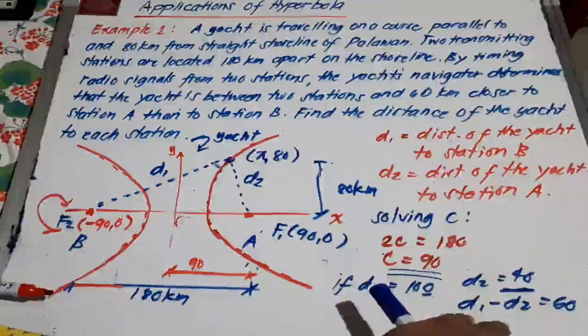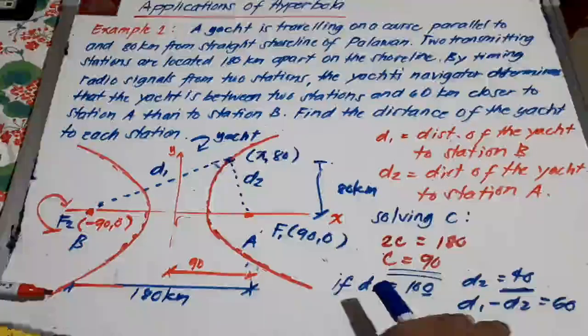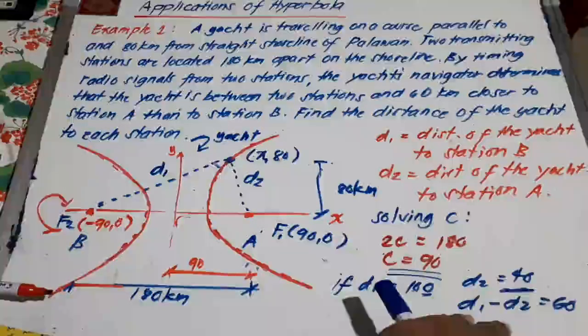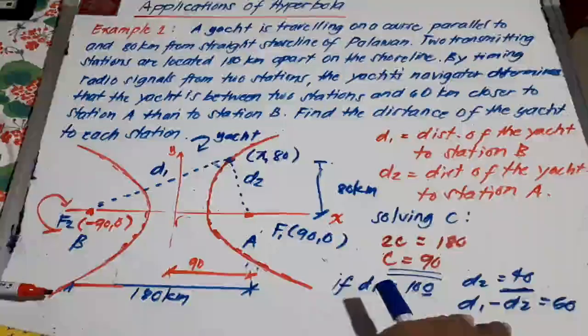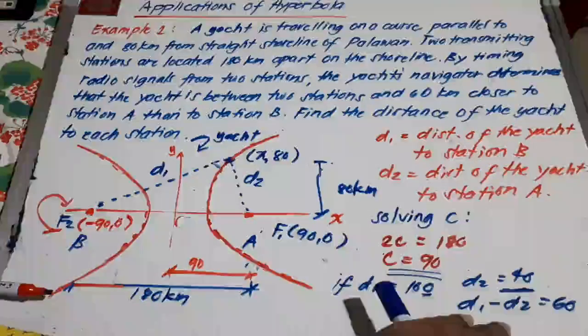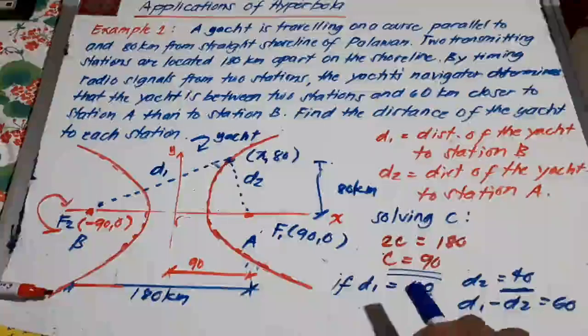Kung natatandaan nyo sa derivation ng hyperbola, ang definition ng hyperbola is a point, any point on the hyperbola, if we're going to get the distance of this point from the two fixed points, F1 and F2, it is always constant. And that constant value is equal to 2a. Therefore, we can solve the value of a based from this equation. Okay?